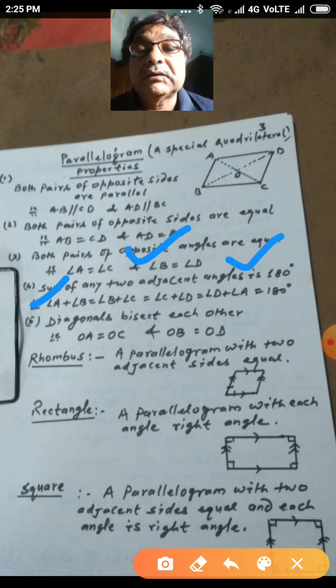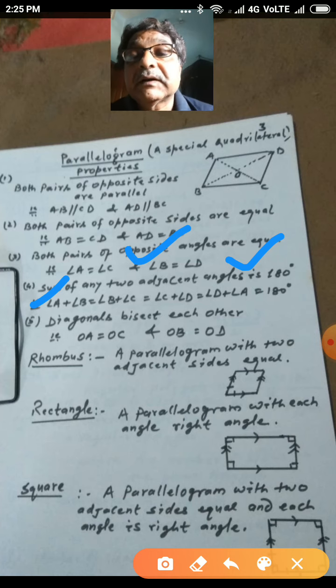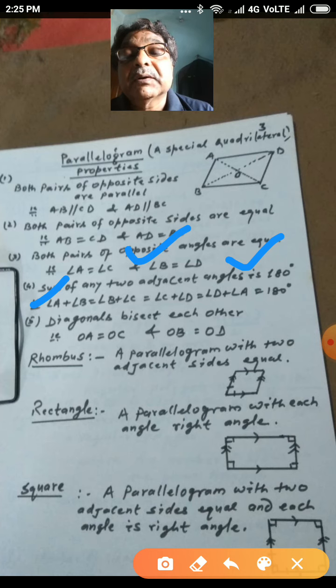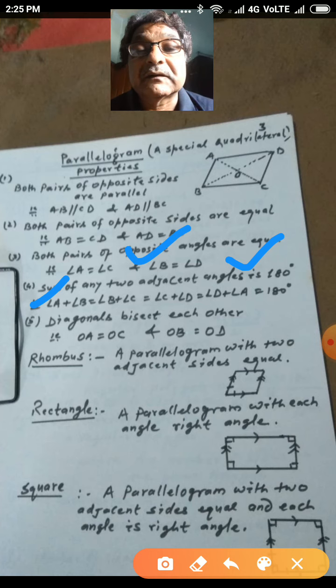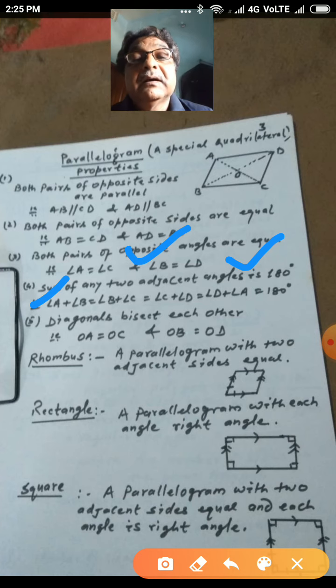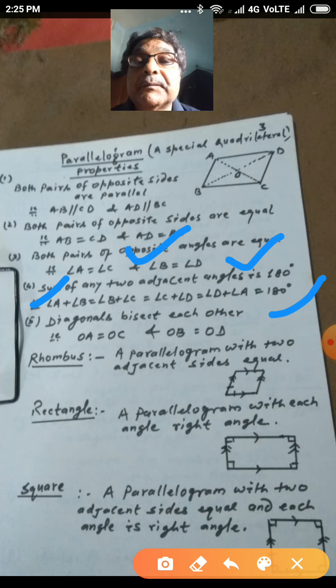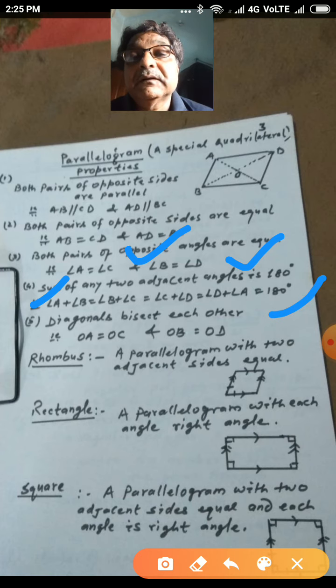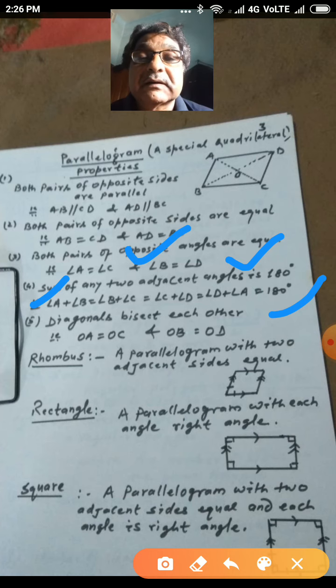So the sum of any two adjacent angles of a parallelogram is supplementary, that is angle A plus angle B, which is also equal to angle B plus angle C, again equal to angle C plus angle D, again equal to angle D plus angle A, and ultimately all these pairs equal 180. The fifth property is that the diagonals of a parallelogram bisect each other.